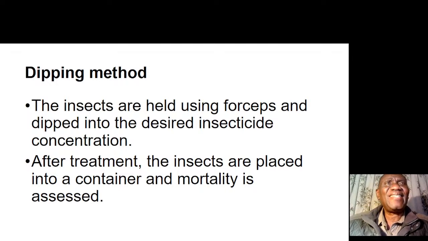After treatment, the insects are placed into a container and we assess the effects of the insecticide, probably by counting the dead insects and the live insects, so that we assess what is known as mortality.